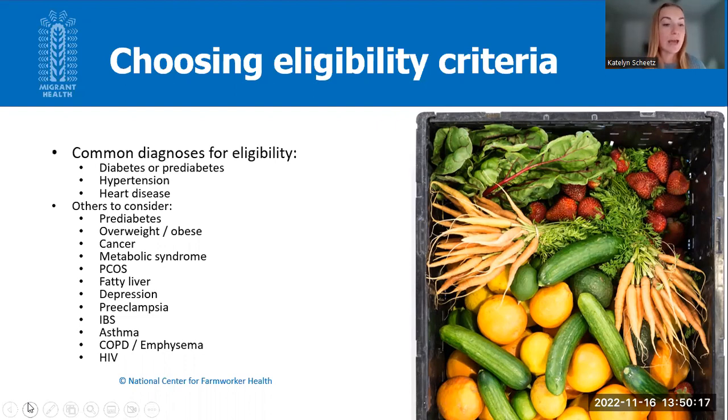Some would include any metabolic disease, so they're including PCOS, metabolic syndromes, fatty liver, prediabetes, obesity. Others are including some of the behavioral health issues that we see with food insecurity, so depression or anxiety. And then we also see conditions like IBS, irritable bowel syndrome, asthma, COPD or emphysema, and HIV.